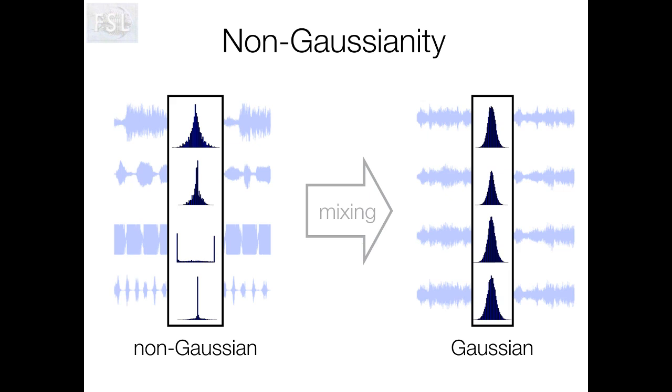In contrast, if we look at the observed data, which each contain varying mixtures of the original signals, you can see that they all look much more Gaussian than the signals. This is due to something you have probably heard of before called the central limit theorem, which in this context is simply saying that the more you mix things together, the more Gaussian they become.